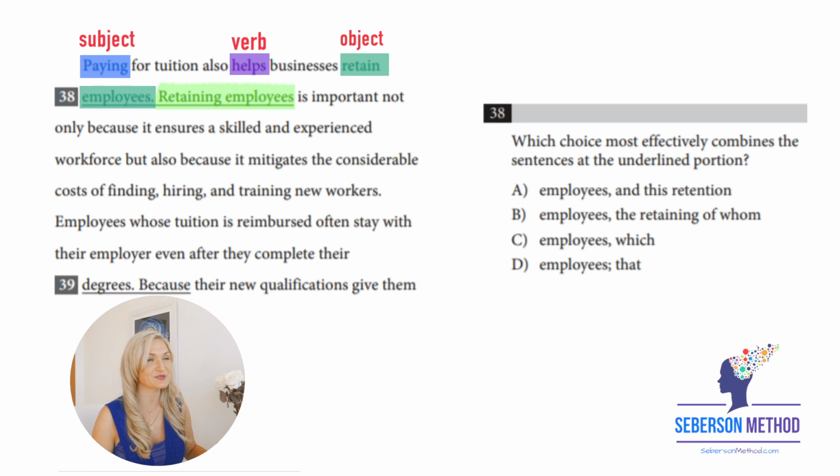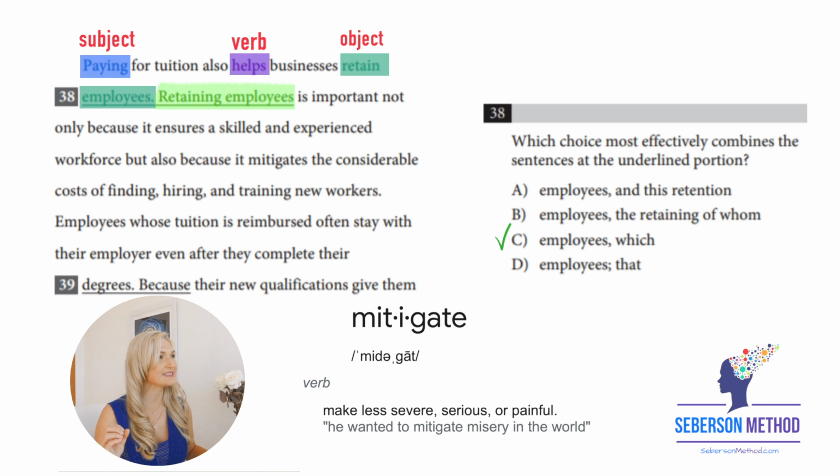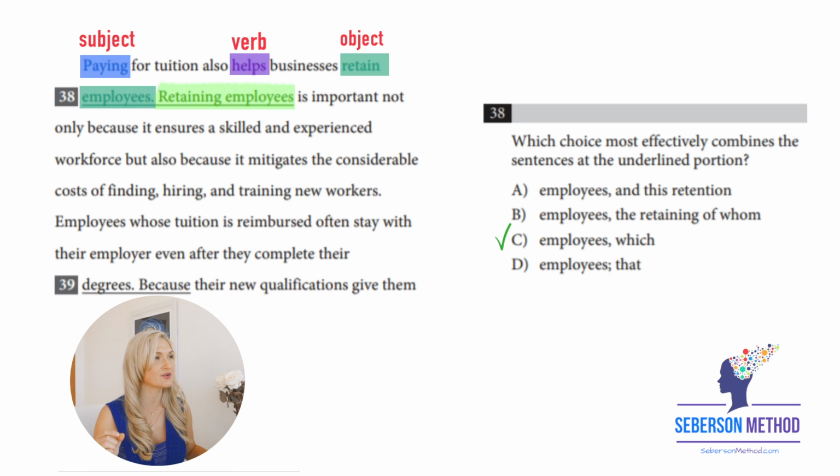Well, we're going to use a relative clause, comma, which is important, not only because it ensures the skilled and experienced workforce, but also because it mitigates, to mitigate means to soothe, the considerable cost of finding, hiring, and training new workers. You may ask, Katya, why is it not D? Because D uses a semicolon instead of a comma, and then there would definitely be no comma in front of that anyway.